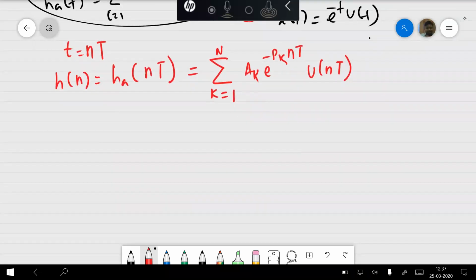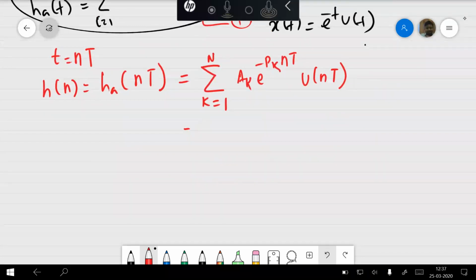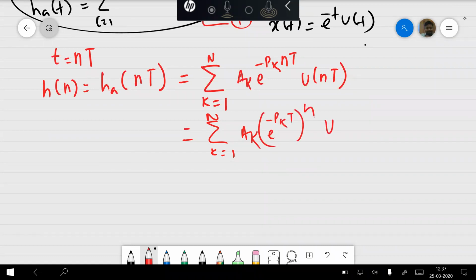Then a little more simplification: summation k equal to 1 to N, ak, e to the power minus pk T whole to the power n, u of n. That is my h of n, right?